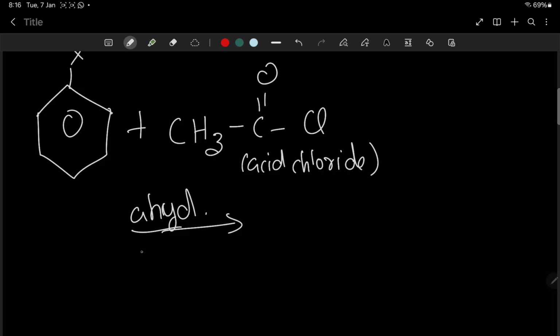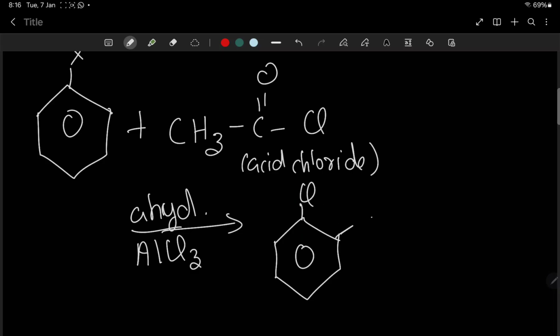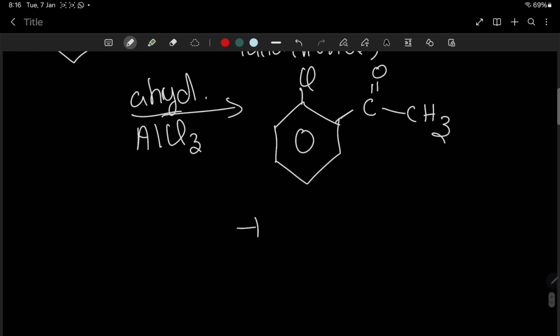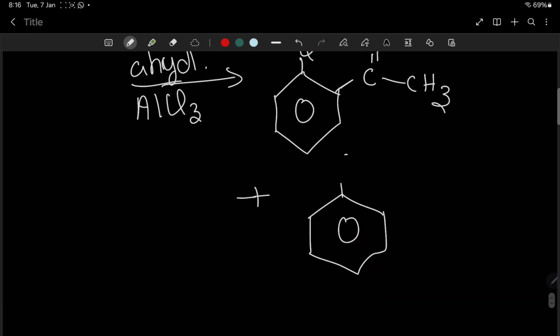Here we get acetophenone, not normal acetophenone but 2-chloroacetophenone. The other position also gives product. But here also para is the major and ortho is the minor because of steric factors.